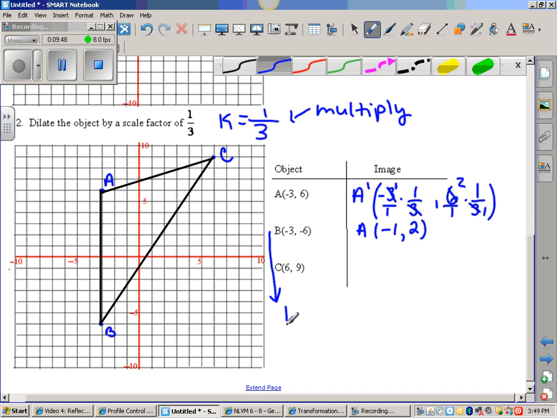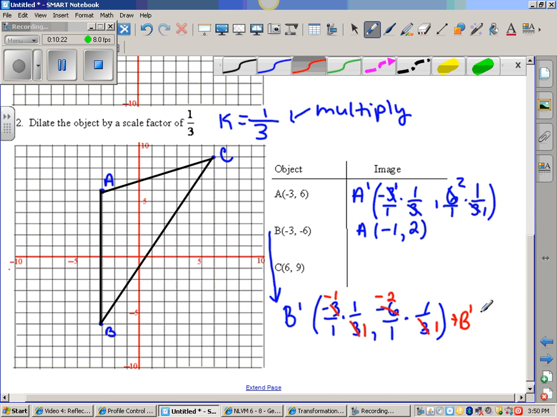work for B. So B prime, my original coordinate was -3, -6. I have to multiply by 1/3. So I'm going to put my numbers over 1, and I'm going to cross simplify. 3 goes into 3 once, so we get a 1 and we get a -1. 3 goes into 6, 3 turns into a 1, -6 turns into a -2, and I get the coordinate -1, -2.